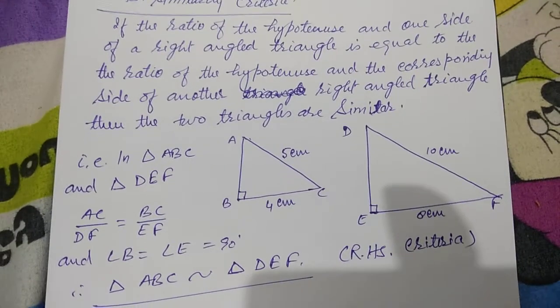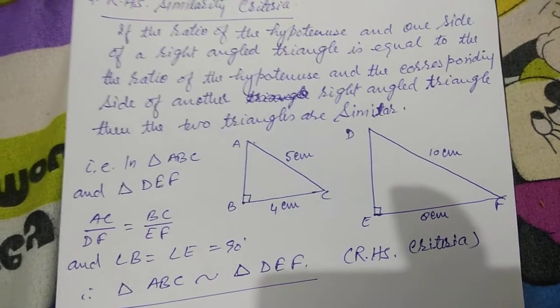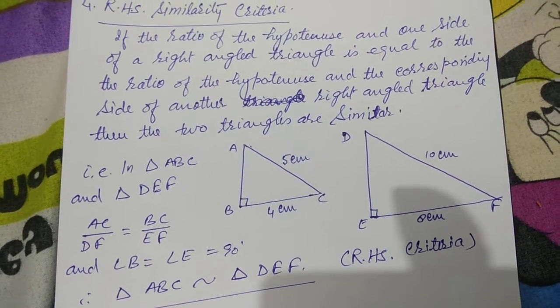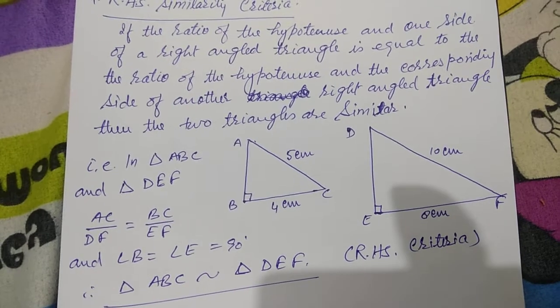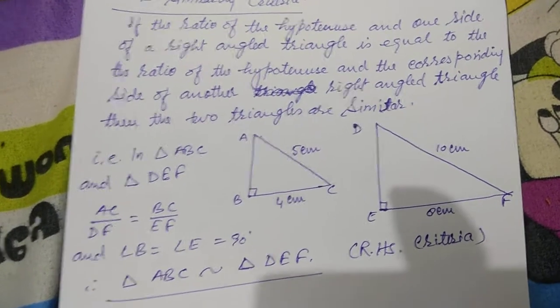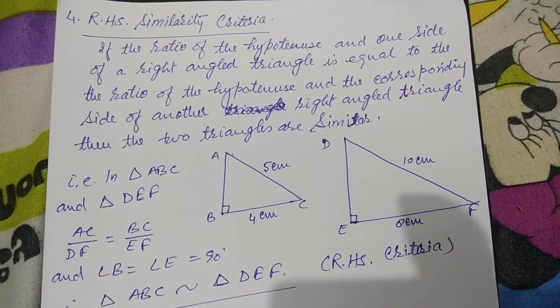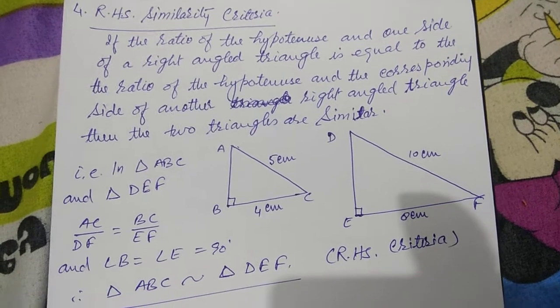For example, let in triangle ABC and triangle DEF, angle B equal to angle E, that is 90 degrees, and if BC is equal to 4 centimeters and AC is equal to 5 centimeters, and in another triangle EF is equal to 8 centimeters and DF is equal to 10 centimeters.